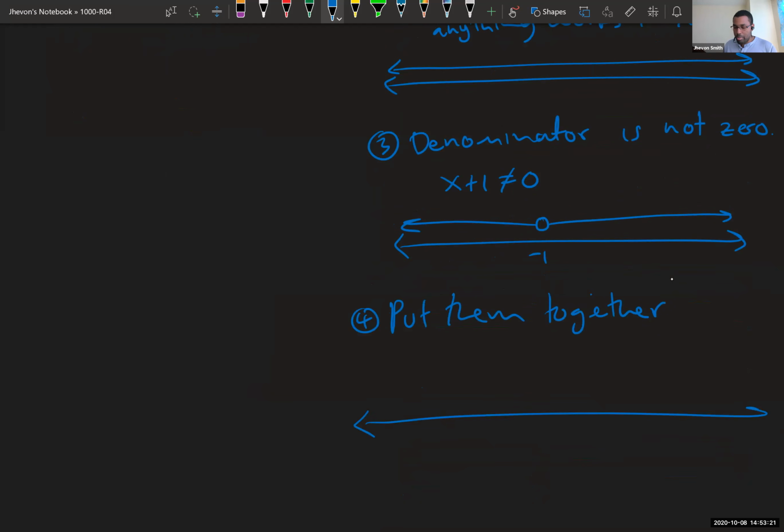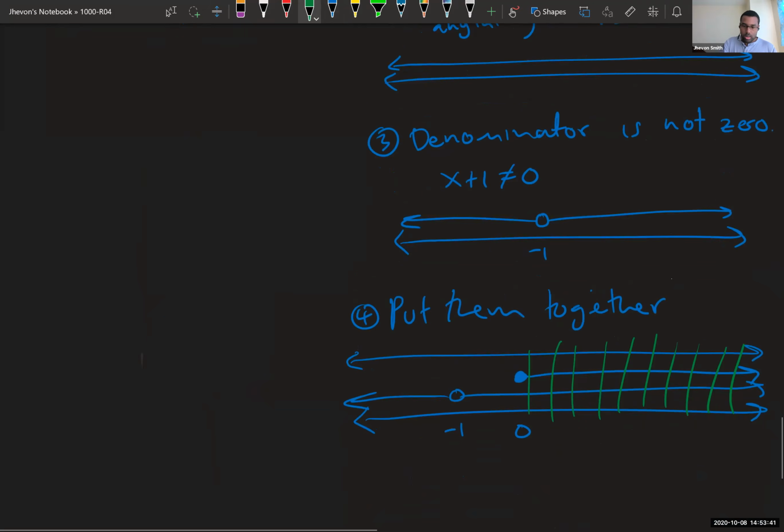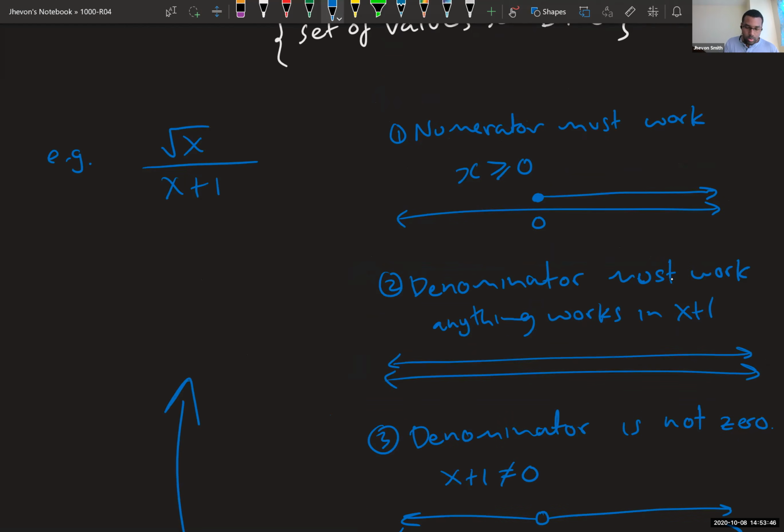So this is like the overlap. You have that situation where x had to be 0 or bigger. You also have that situation where x can't be minus 1. Then you had another situation where anything goes. And then you say, oh, where does everything work all at once, right? And so the domain of this is going to be everything that's larger than or equal to 0.